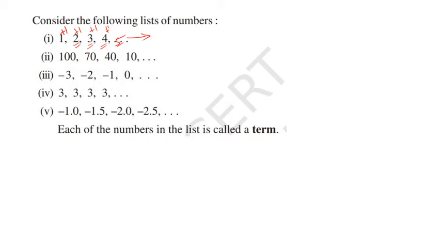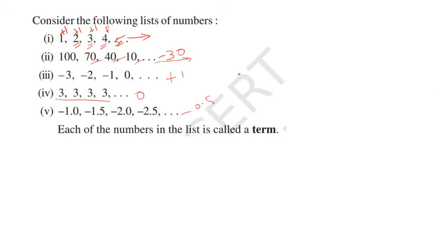term. Similarly, here we have subtracted 30, minus 30: 100 minus 30 is 70, 70 minus 30 is 40, 40 minus 30 is 10, and so on. Here also plus 1, here no increment, no adding, no subtracting, so the numbers are the same. Here minus 0.5 is there.